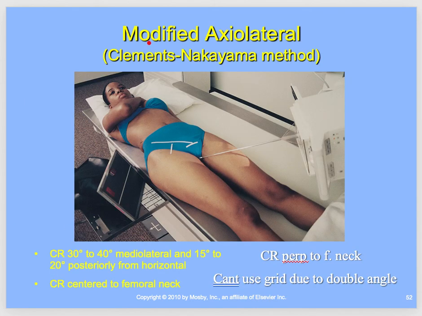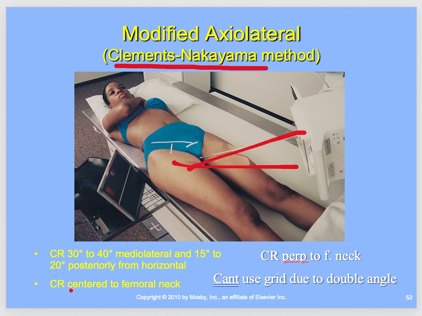So we're going to move on to the modified axiolateral, the Clements-Nakayama method. So make sure that you know this one, Clements-Nakayama. Make sure you know how to spell it. So this one, your central ray is 30 to 40 degrees medial lateral and then 15 to 20 degrees posteriorly from horizontal. So you can see that there's an angle here, but there's also an angle down.